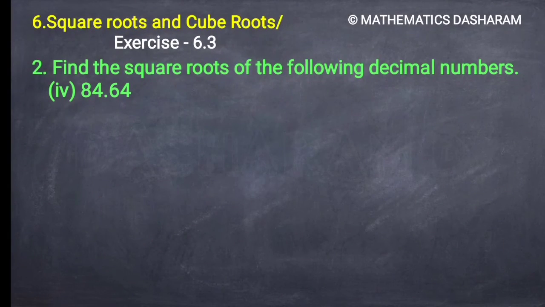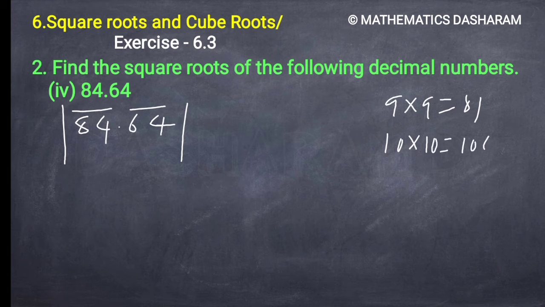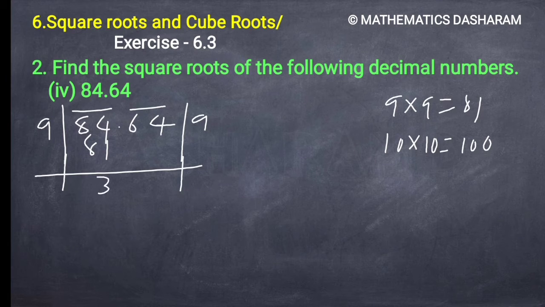Next, fourth question, 84.64. 84 is one pair, 64 is the second pair. 9 nines are 81, 10 tens are 100, so 81 is suitable. 9 into 9 is 81, so the remainder is 3.